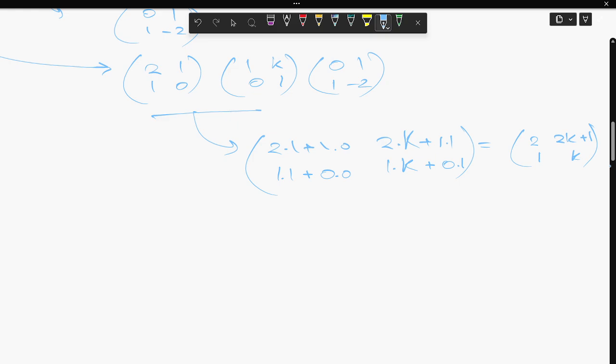So now after this we will multiply this with the last matrix. That means we are now computing these two multiplications.